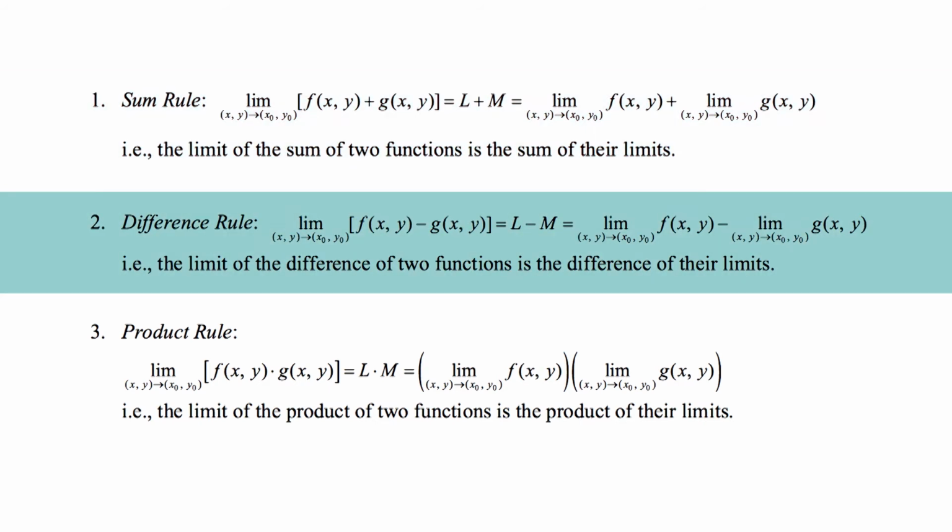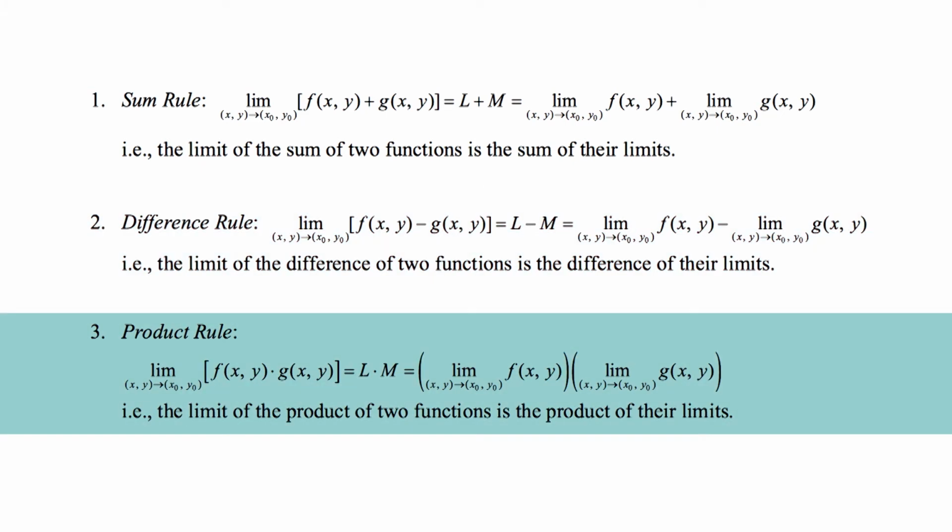Difference rule: the limit of f(x, y) − g(x, y) is equal to L − m, which is equal to the limit of f(x, y) minus the limit of g(x, y). That is, the limit of the difference of two functions is the difference of their limits.